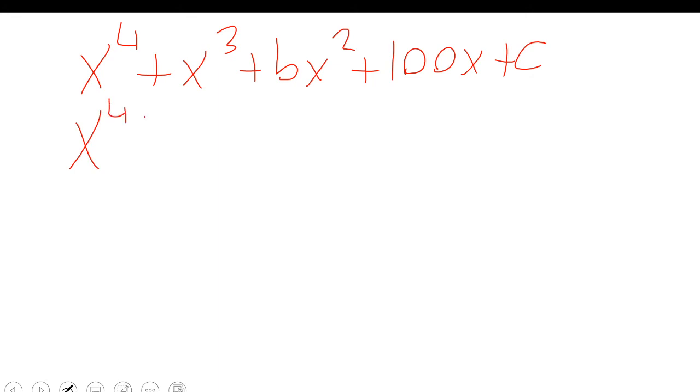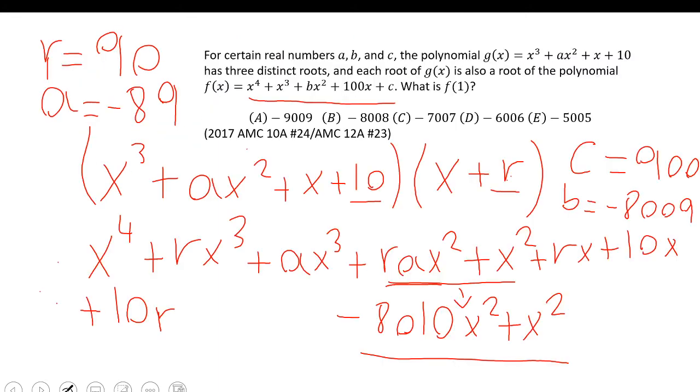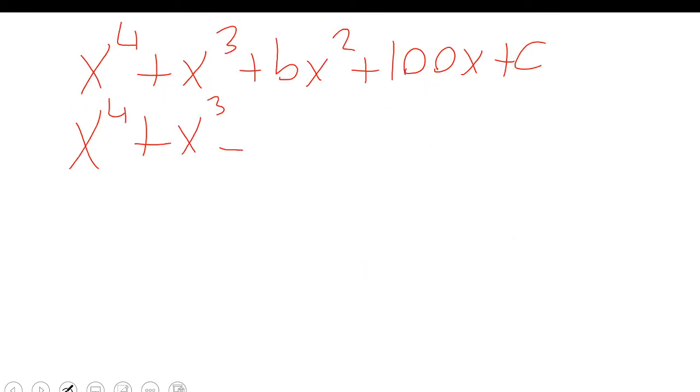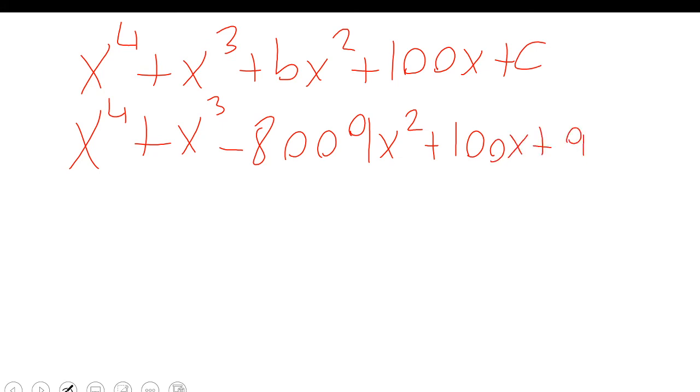X to the 4 plus x cubed. B is negative 8009. X squared plus 100x, and c is 900. And that is f of x.